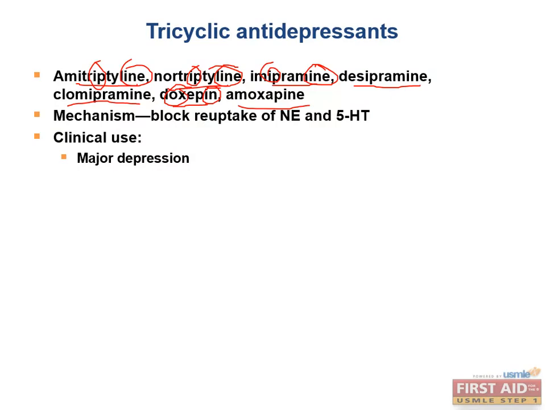Now, specific ones also have certain additional clinical indications. Do you remember which one we said can be used to treat OCD earlier in the chapter? Right, it's clomipramine. Additionally, imipramine can be used to treat bedwetting. That's an interesting one to keep in mind.